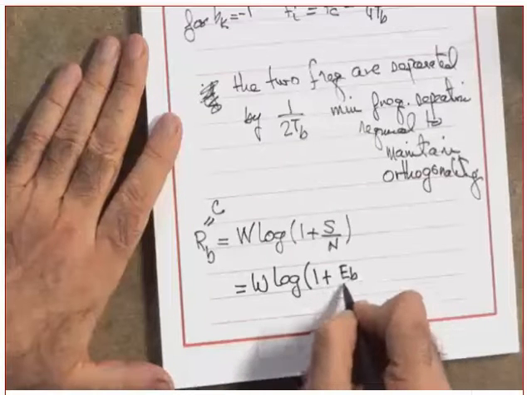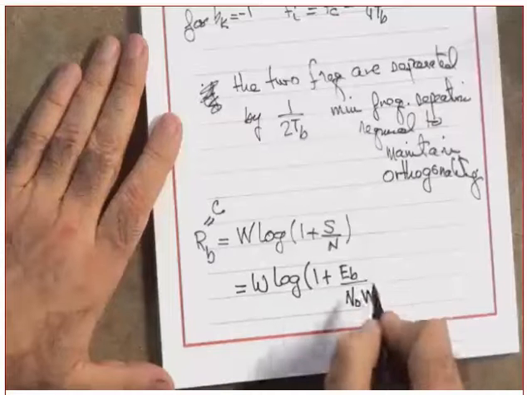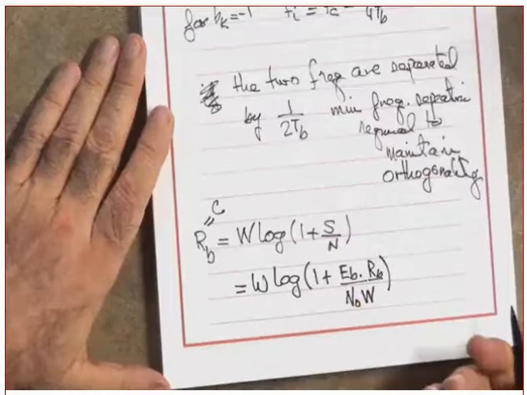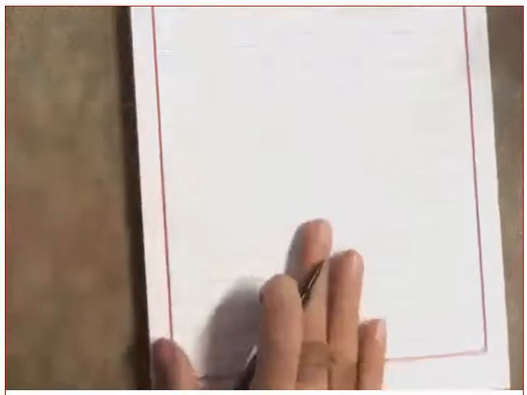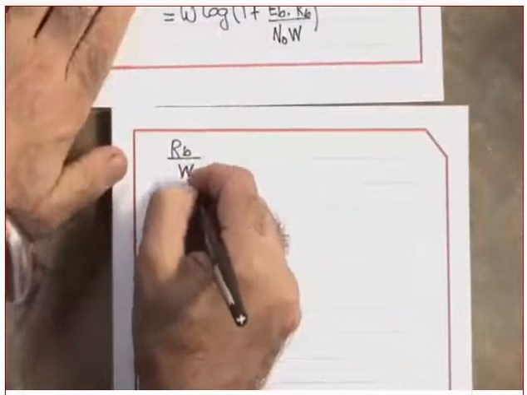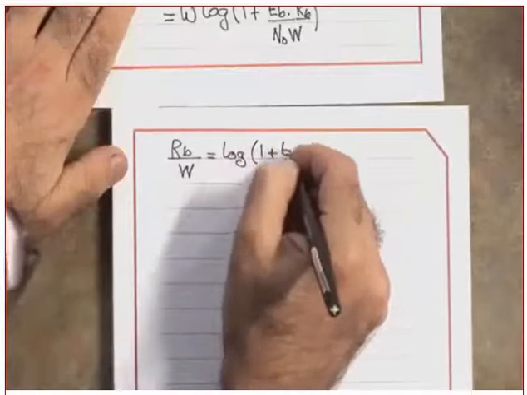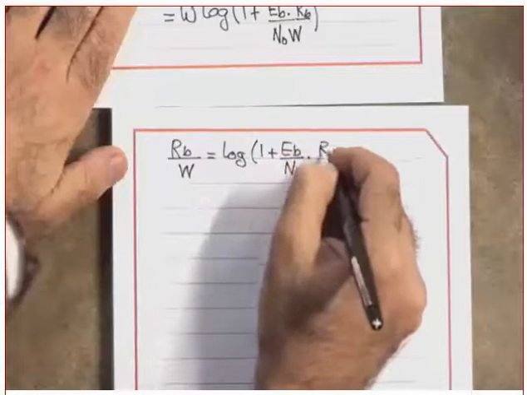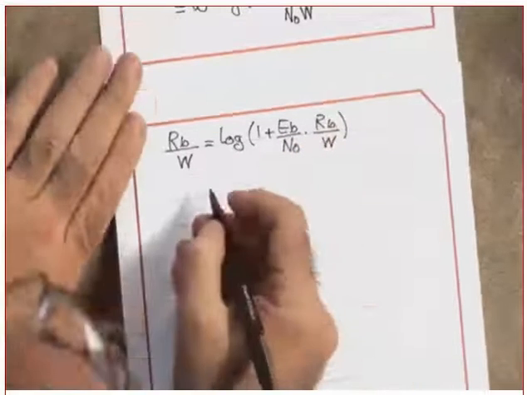It's Eb over N0 times, W times RB? Did you get this or not? Yes or no? Now, RB brings the W here, so what do you get? You get RB over W equal to log 1 plus Eb over N0 times RB over W.